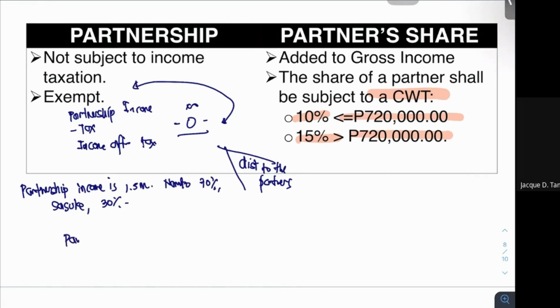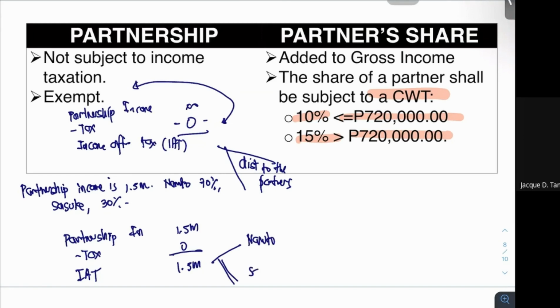We have here your partnership income of 1.5 million. You deduct the tax, which is zero because it is exempt. So your income after tax will be equal to 1.5 million. And now you distribute it to the partners, Naruto and Sasuke: 70% for Naruto, 30% for Sasuke.